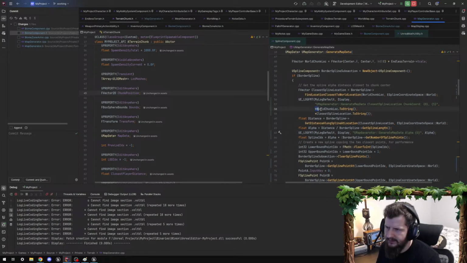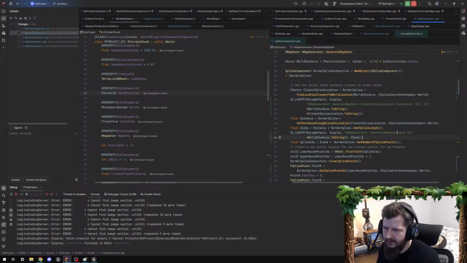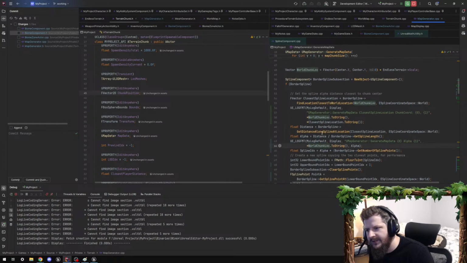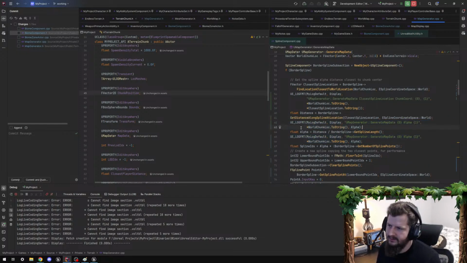And I need to put my world chunk location in here, because this is all happening async, so it's all out of order. I need the key basically to associate all this stuff to. World chunk location, yes, alpha, we'll log the alpha, and I should be able to use that in combination. And why not just get the distance as well? The distance along the curve.